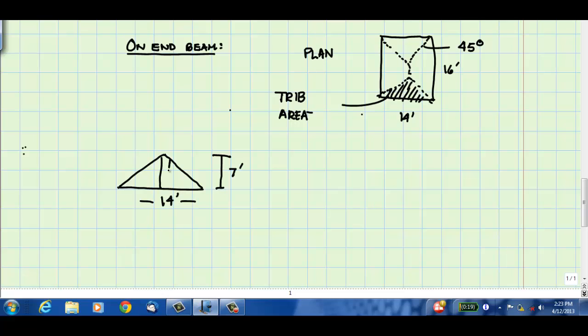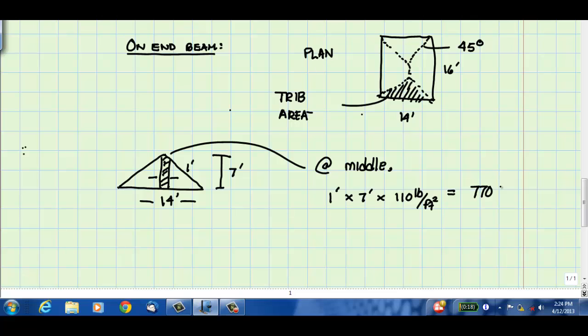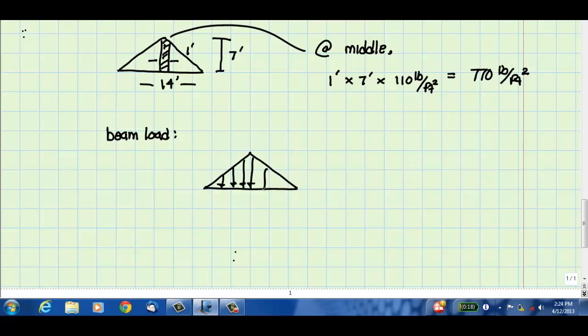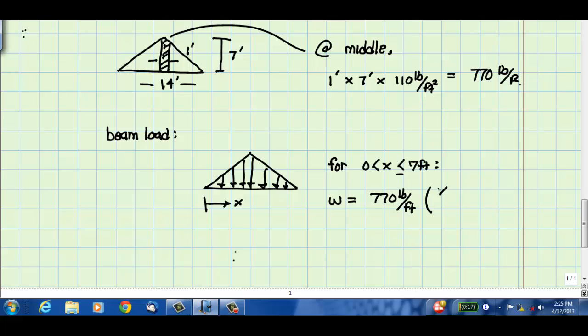At the midpoint of the triangle, the load again reaches 770 pounds per square foot, and it's 0 at the end of the beam. That creates a triangular beam loading that varies linearly. For a distance x greater than 0 but less than 7 feet, the load at x is 770 pounds per foot times x over 7 feet.